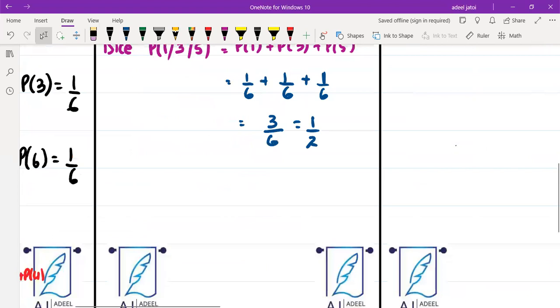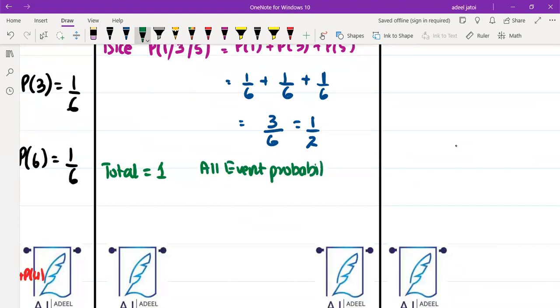Now, the most important thing that we need to understand is that when the total is equal to 1, all event probability is equal to 1. Any event success is 1.